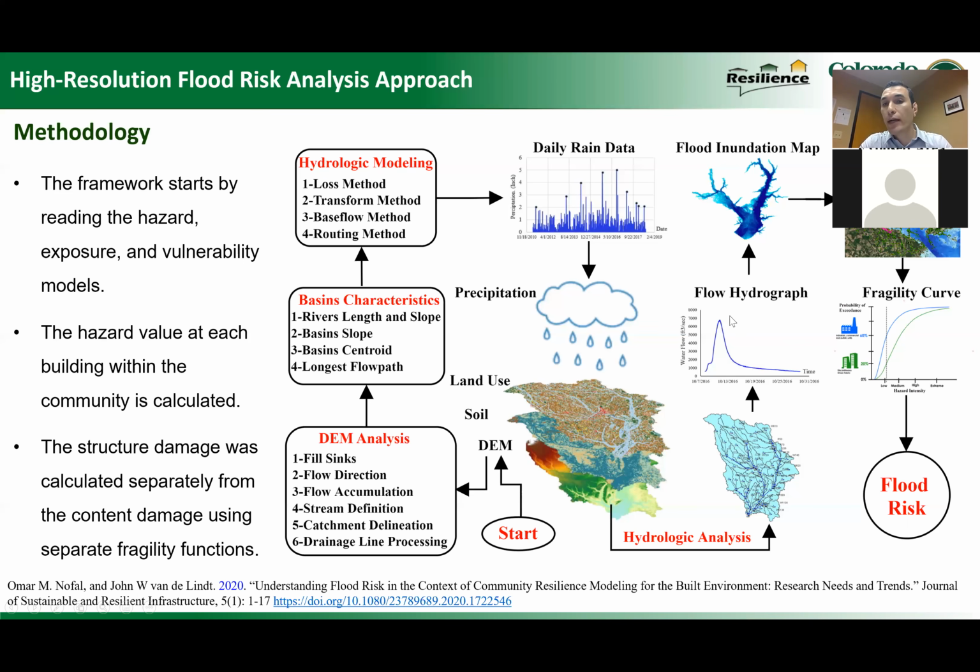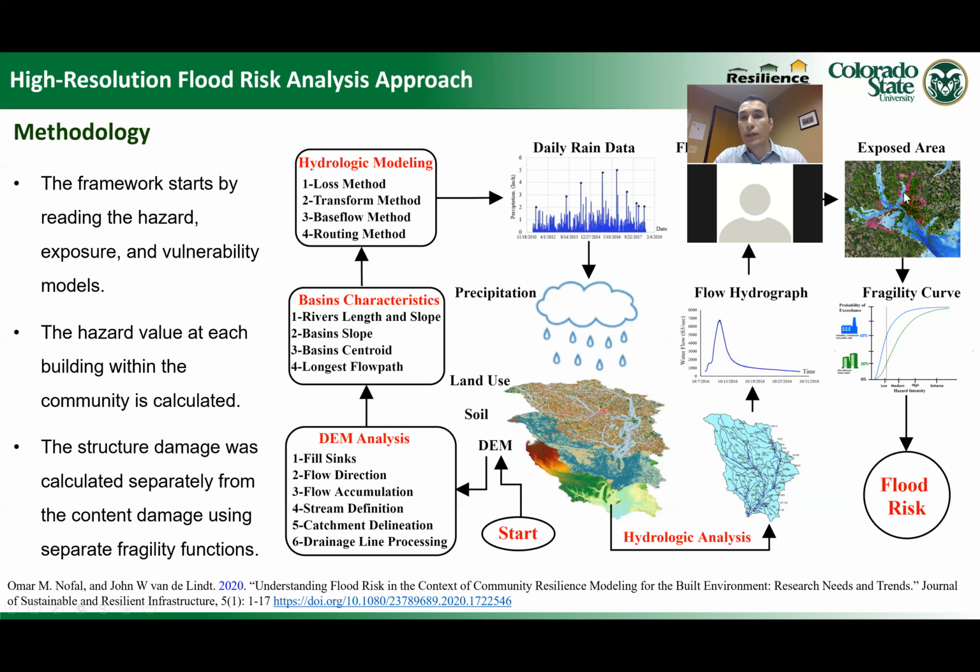Then we use this hydrograph as a boundary condition for hydrodynamic analysis to produce the flood inundation map. So we were able to get the flood inundation map in terms of riverine flooding, but we can also get the flood velocity and flood duration maps. Afterwards, we developed a detailed exposure model of the community.